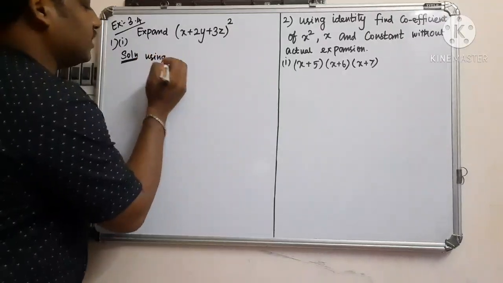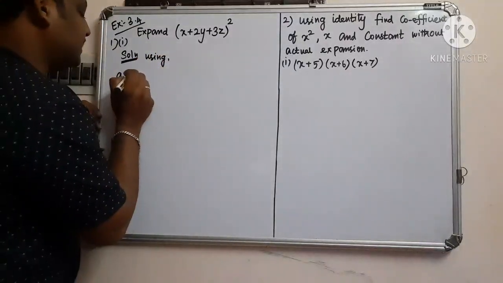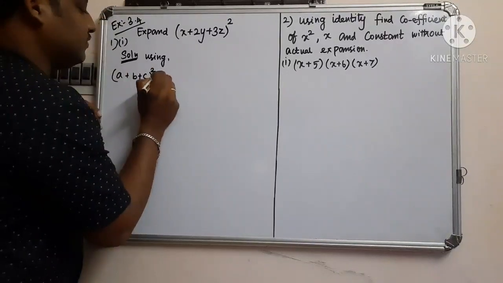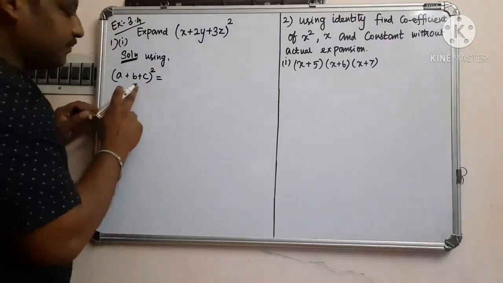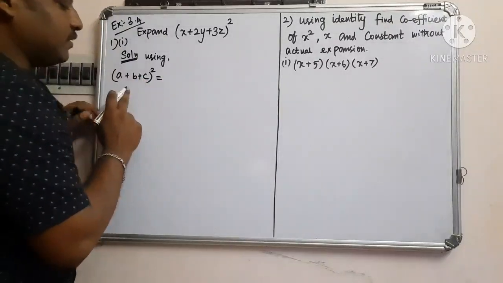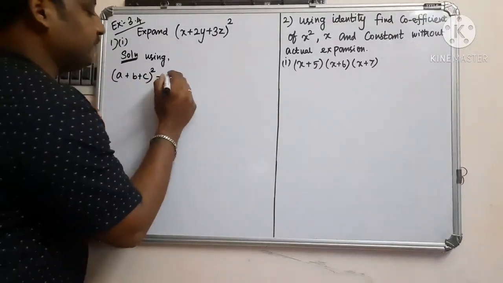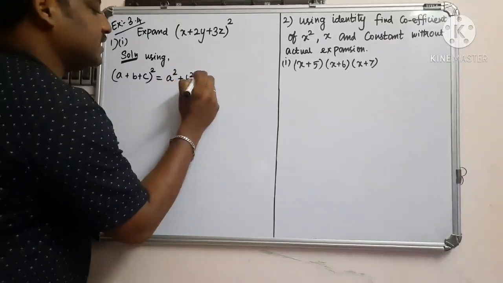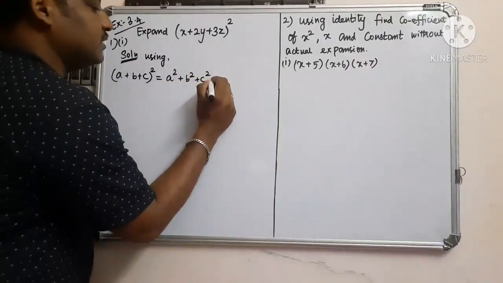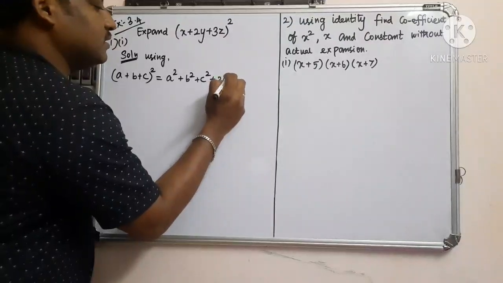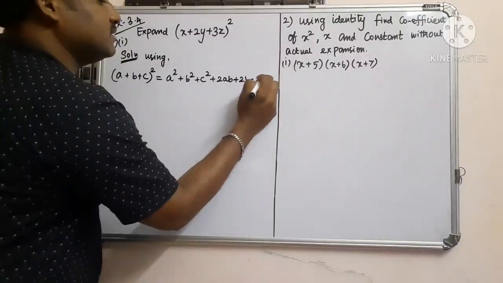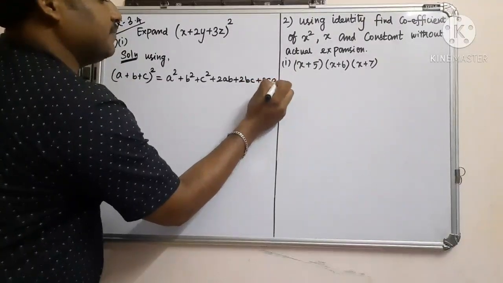So which formula are we going to use? (a plus b plus c) the whole square. What is the formula for (a plus b plus c) the whole square? It is a square plus b square plus c square plus 2ab plus 2bc plus 2ca.